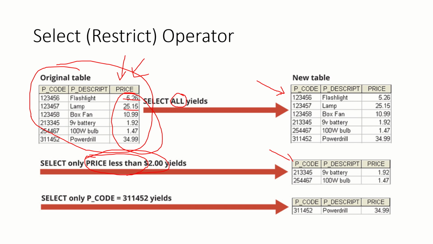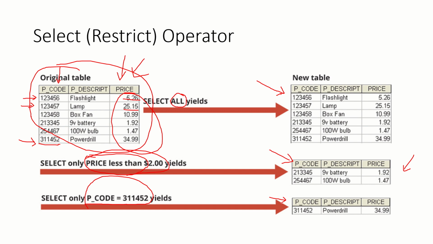Okay, so this is a new table, and the price will be less than $2. Or we want to find the record whose P code number is 311452. So they will check the P code one by one, then find the exact code number and put it into a new table.